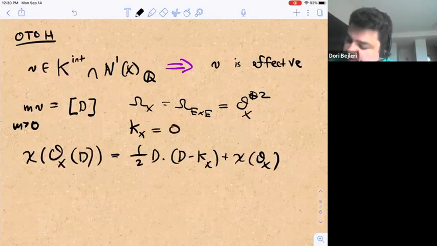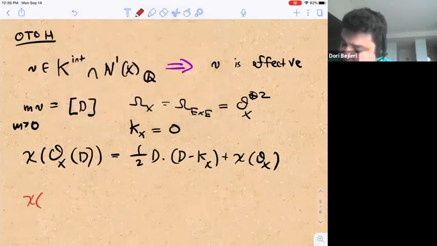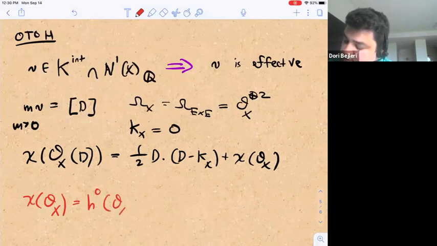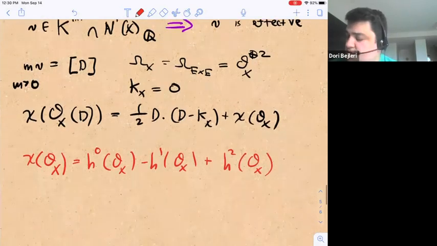And that lets us compute this Euler characteristic. So let's write it down. Chi of O_X is H0 of O_X minus H1 of O_X plus H2 of O_X. And H0 is 1.